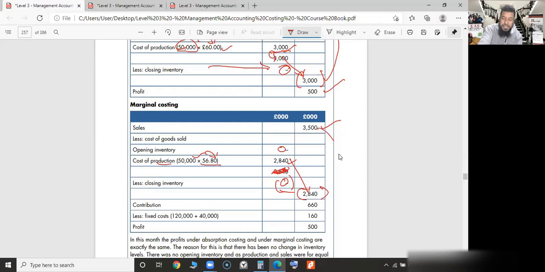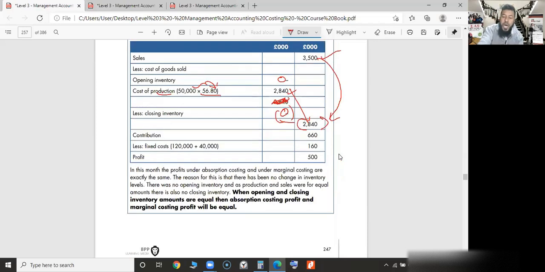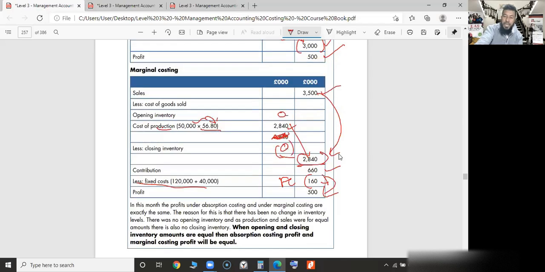Sales less variable cost of sales, we get contribution 660. Off that contribution, we take the fixed costs, and you get profit for the year. Look at this profit: absorption and marginal are both 500. There's no difference, because there's no opening and closing inventory.